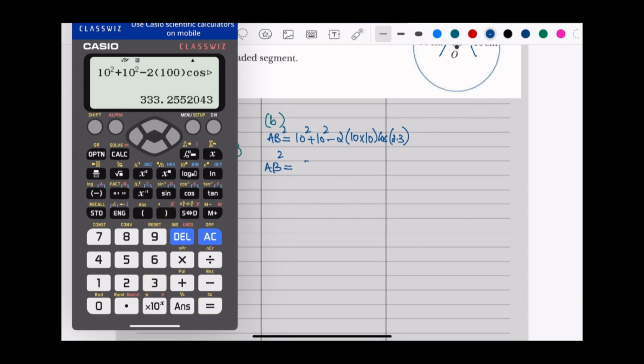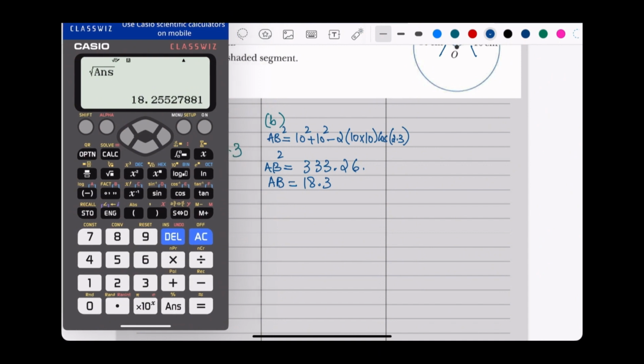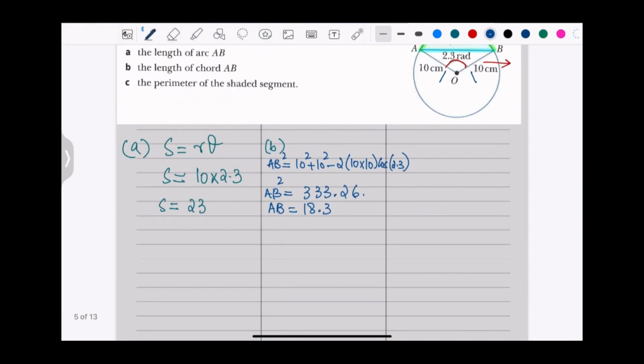So I get AB squared as 333.26, and if I root it, the answer is going to be 18.3, rounding it off to one decimal place. Or in radian, angle measurement by default needs to be in 3 significant figures, or the answers have to be.